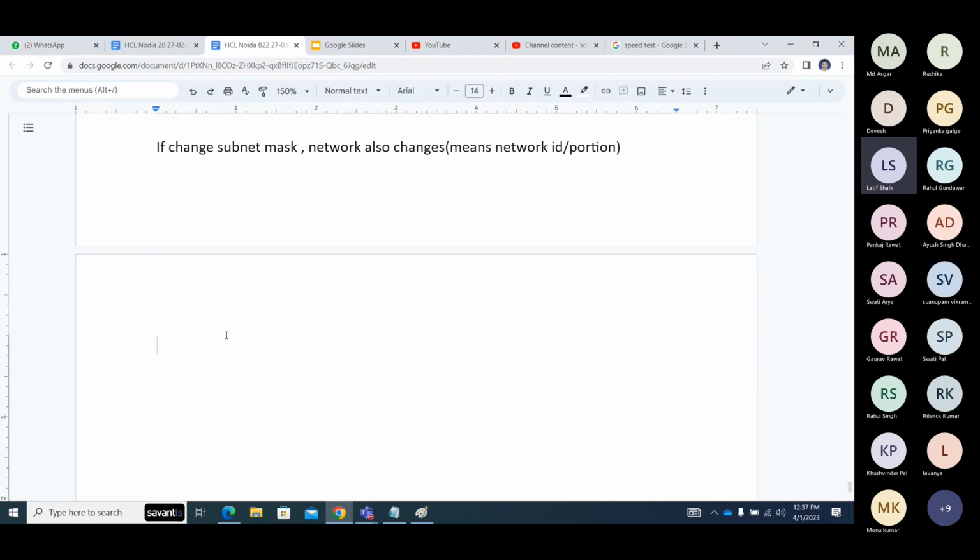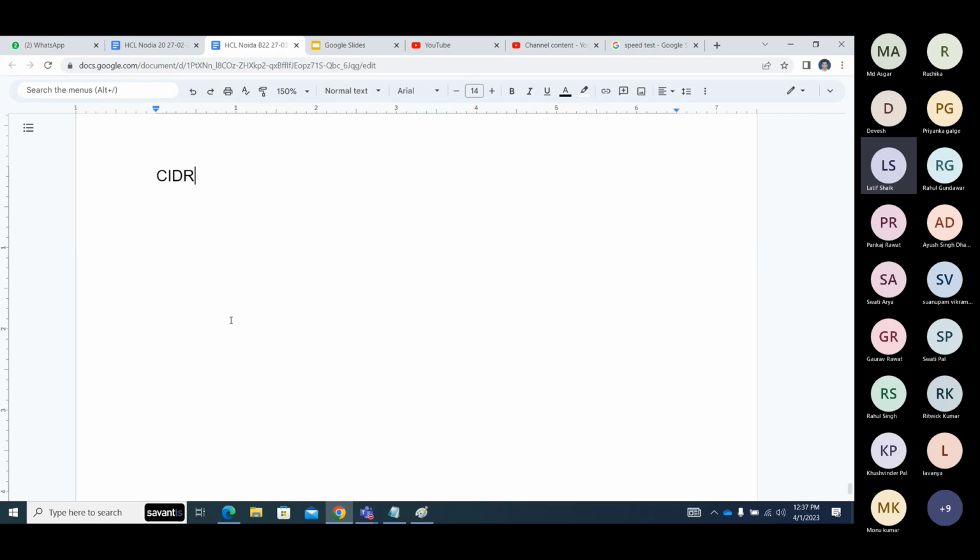There is one more method, guys, called the CIDR method, which means classless inter-domain routing. What is this CIDR method? It is also called slash notation.